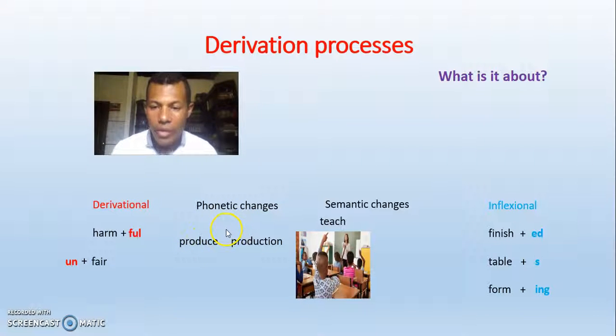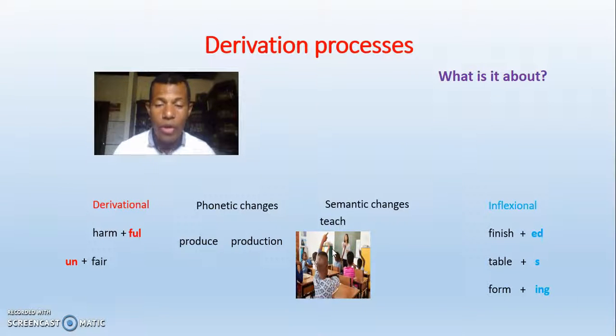To explain that better, I have this verb here, produce, and production, a noun. What you should keep in mind here are the phonetic changes. Produce, production. That final ending changes the word's part of speech, from verb to an adjective or an adverb.